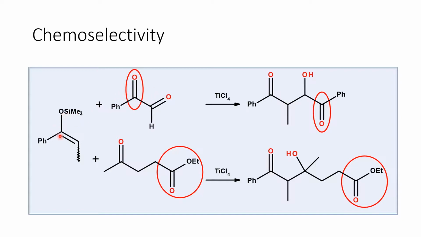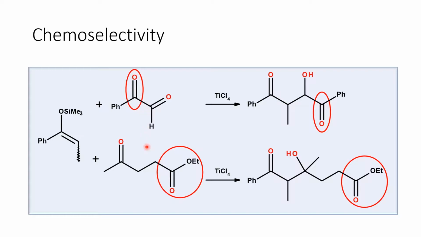This is reacted with this particular silyl enol ether, and when this reaction is run in the presence of TiCl4, only the aldehyde part underwent reaction and the ketone part, PhCO, this carbonyl part, did not undergo any reaction. So, when we have a competition between an aldehyde and a ketone, the aldehyde is highly reactive under these conditions.